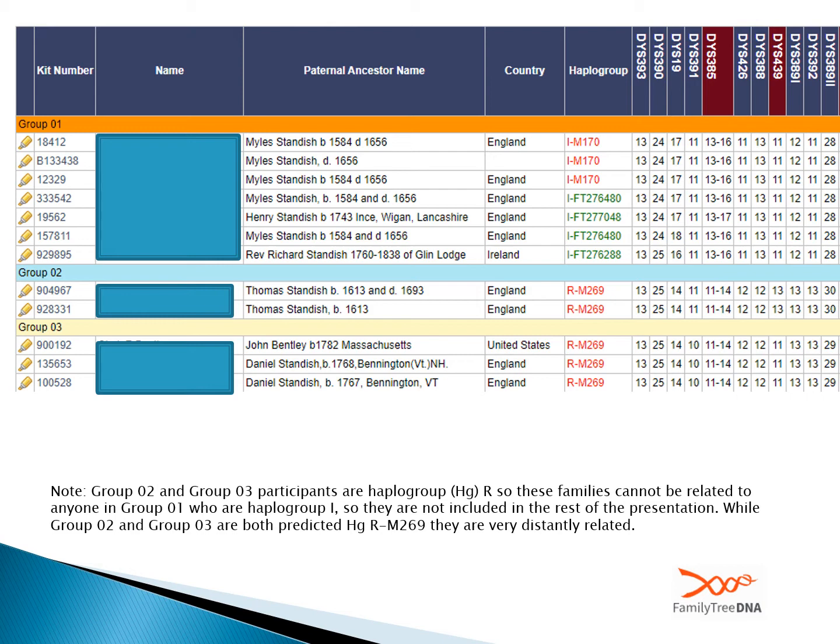This allows administrators to publicly discuss test results using just the kit number as a reference with no identifying personal information. On my administrator's view, I can see the actual name of the tester, which is blocked out in this presentation. The paternal ancestor name is added by the tester. The country name is also added by the tester.